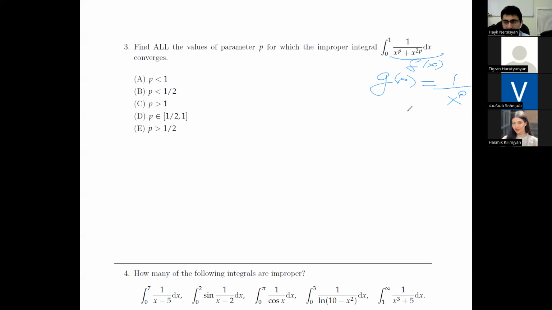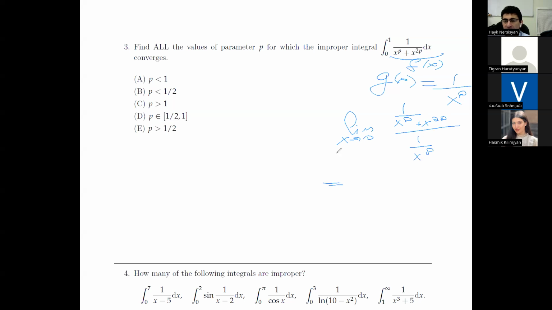So we have to find the limit as x tends to 0 of f over g, 1 over x^p plus x^2p divided by 1 over x^p.